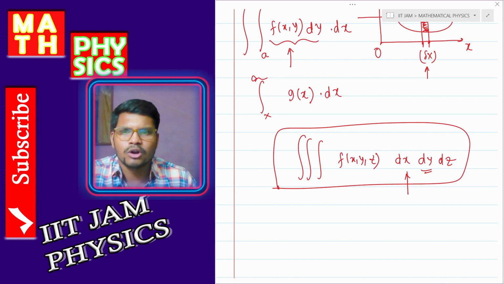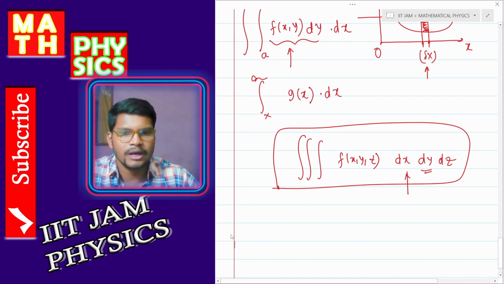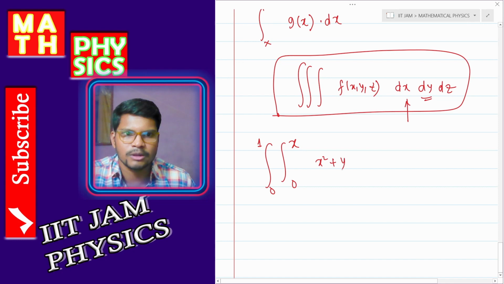Okay, so there are a lot of problems, and you can easily try. For an example, I am giving you a very simple flavor of how to do this. Take 0 to 1, and here maybe x square plus y square times alpha, and let us say dA. So this is maybe in the xy plane.